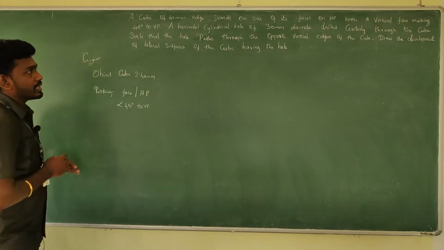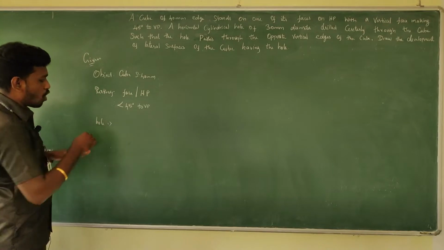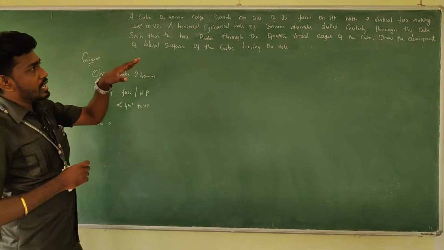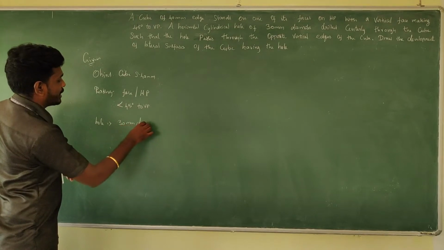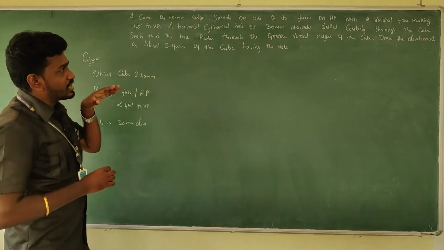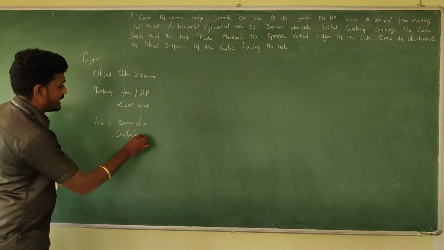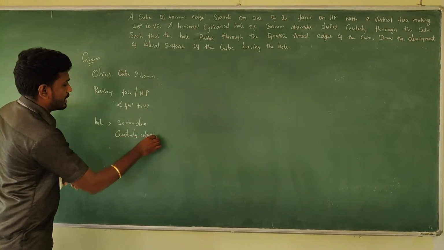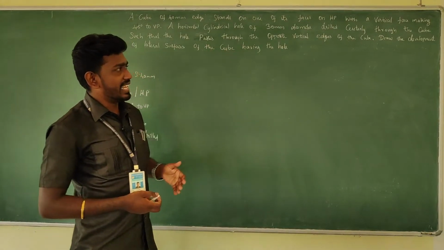And then there is a hole. Not a cutting plane, but a hole which is 30 mm in diameter, centrally drilled, and it is passing through opposite vertical edges.